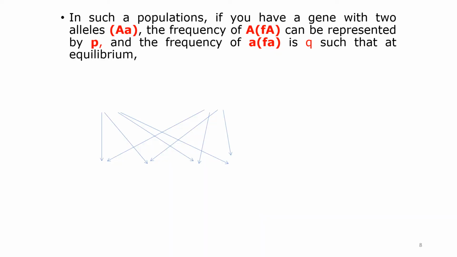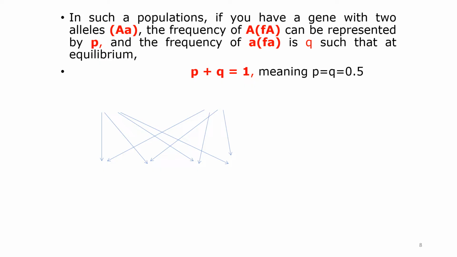So in such a population, if it exists, and if you have a gene represented by these alleles, then the frequency of the A allele is expected to be the frequency of A, and we can represent this by the letter small p, and the frequency of the recessive allele we can represent by the letter small q, such that when this population is at equilibrium, we expect that p plus q should give us 1.